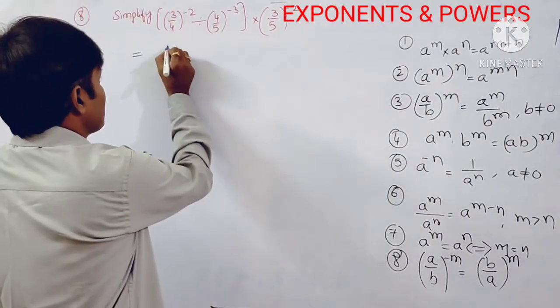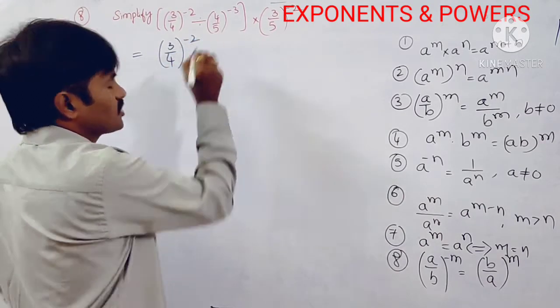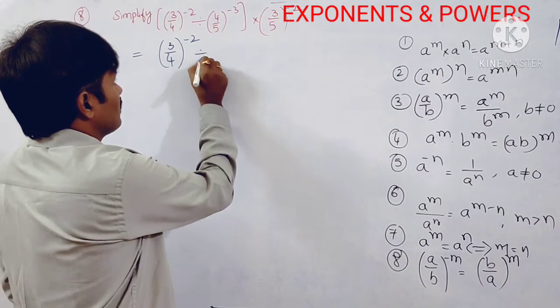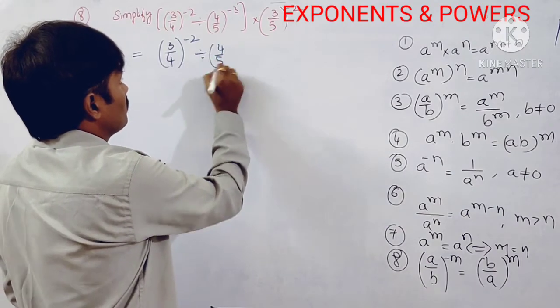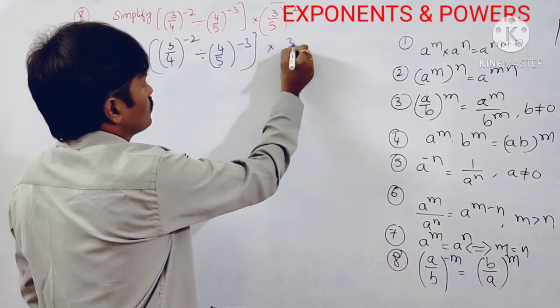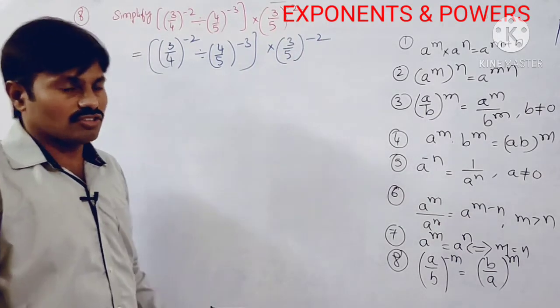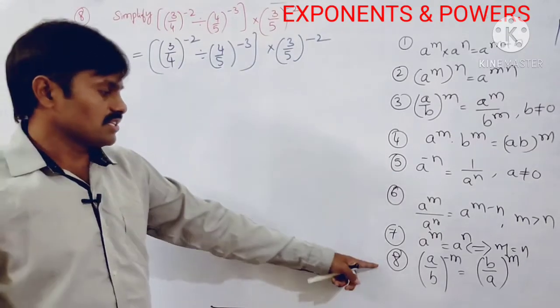Let me write what is given as it is: (3 by 4) whole to the power of minus 2, into (3 by 5) whole to the power of minus 2. Now I am applying this formula.